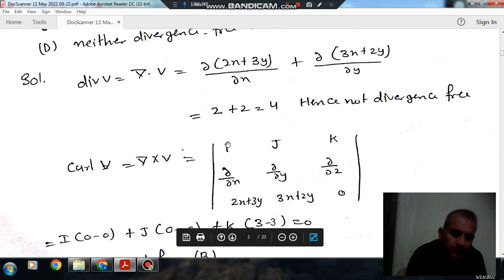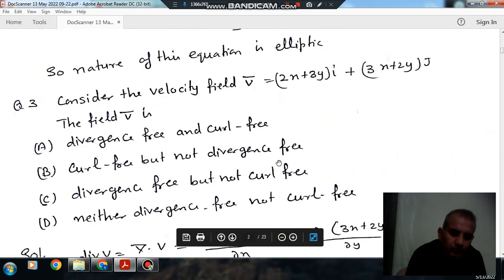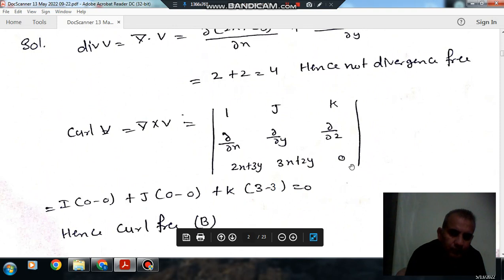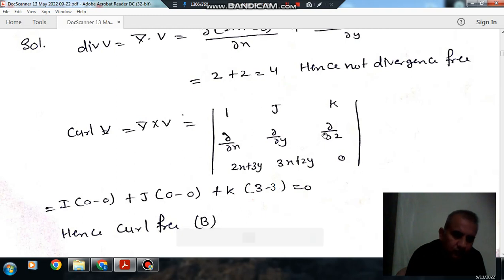Now curl: i, j, k, and ∂/∂x, ∂/∂y, ∂/∂z, and u is your 2x plus 3y and v is your 3x plus 2y. For i, the differentiation is 0, because there is no z term.